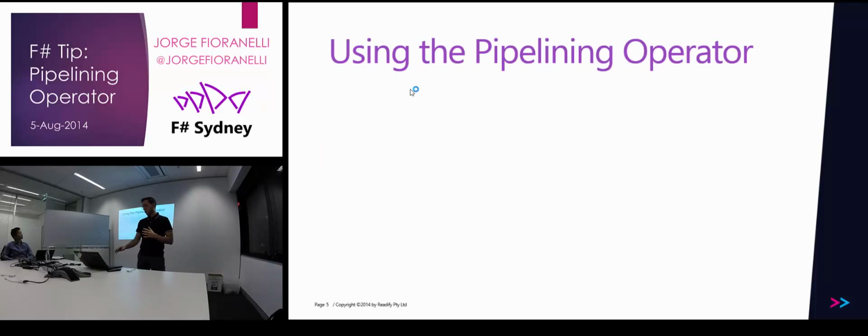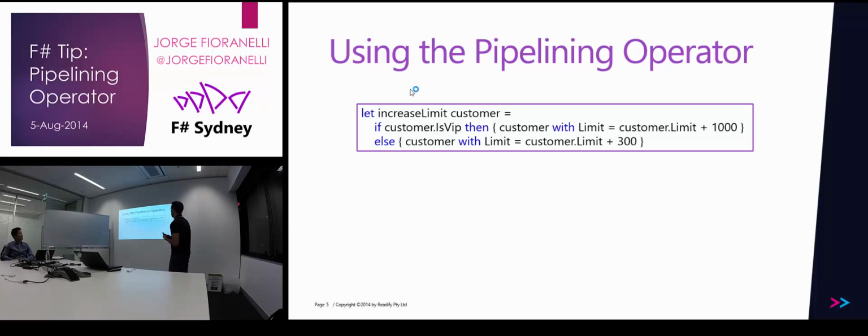So let's see an example so you can get an idea of a more realistic demo of how you could use this. Let's say you have a customer, and the customer could be either VIP or not VIP. And we have a function here, increase limit. For those who see F# code for the first time, the first thing here is the name of the function, what comes after is the argument or arguments, and then we have the definition of the function.